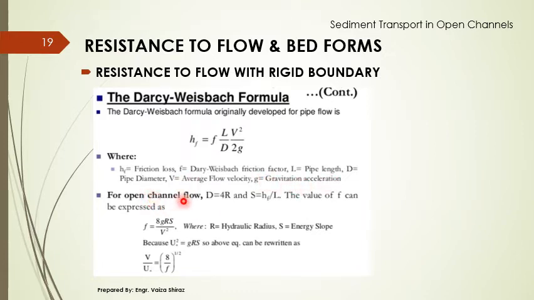For open channel flow, this D will be 4 times the hydraulic radius, and slope is hf over L. The value of f can be expressed after simplification by this. So further you can simplify this equation in terms of shear velocity U star. So this will be the equation.